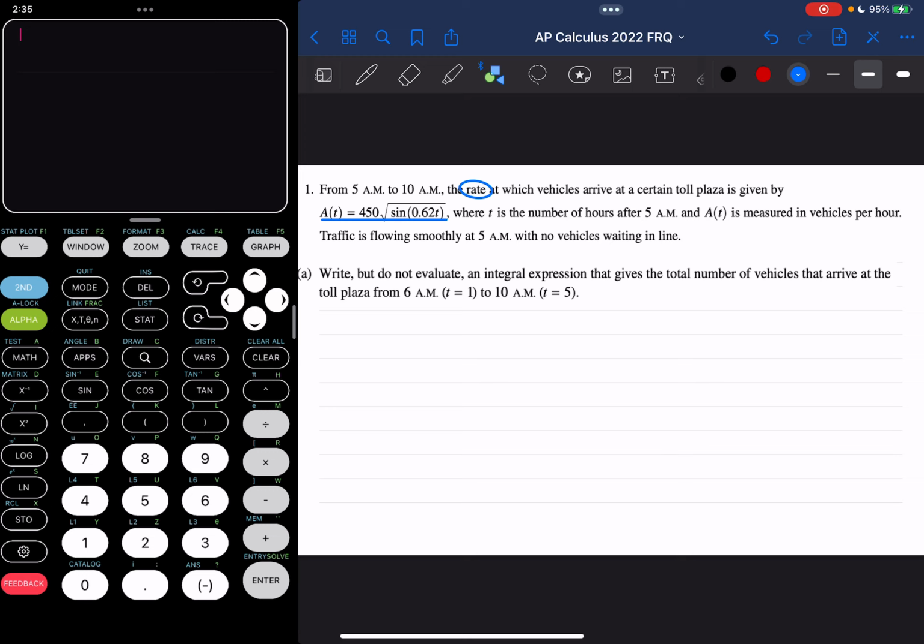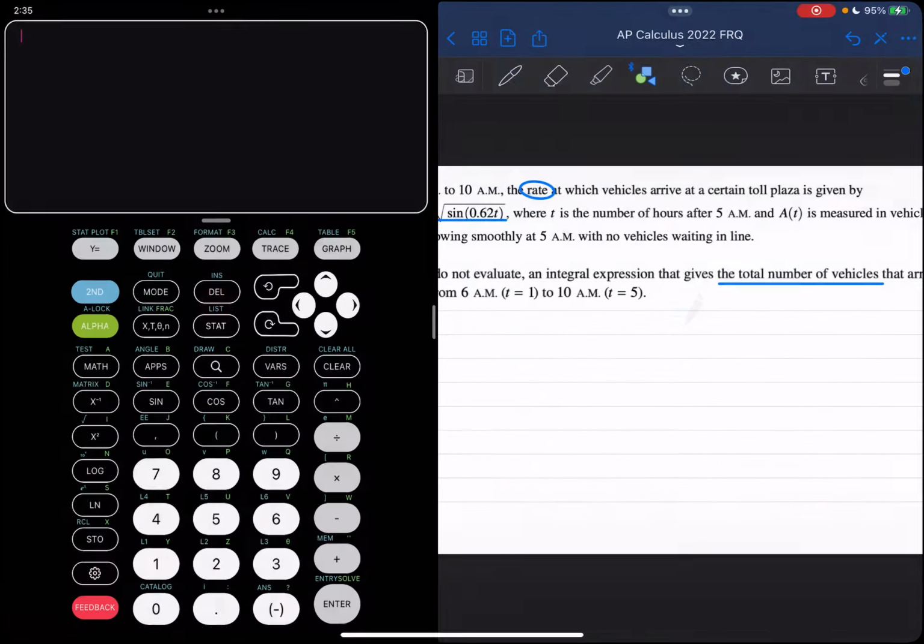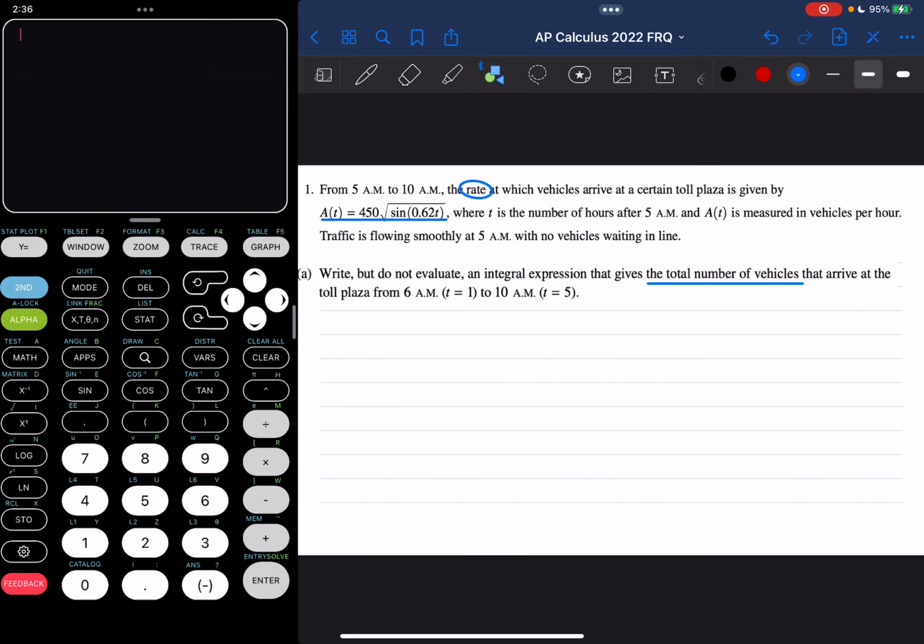Now it says, write but do not evaluate an integral expression that gives the total number of vehicles that arrive at the toll plaza. So what we want to do is write down how we take this rate and come up with an amount. The total number of vehicles that arrive.